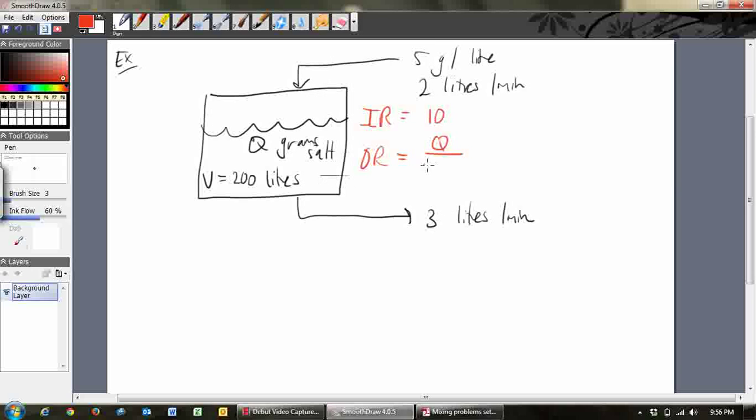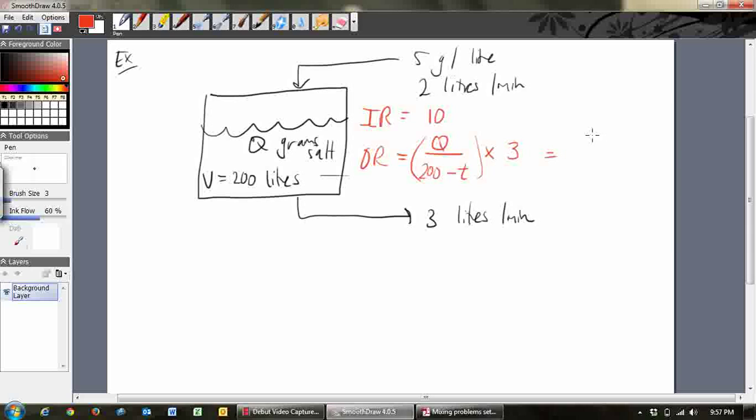So every minute 1 litre is going out. The way we'd write that is 200 minus t. In other words, after 1 minute that'd be 200 minus 1. After 2 minutes that'd be 200 minus 2. The volume is dropping. So at time t, the concentration would be Q over 200 minus t, and that will be multiplied by the rate which is going out, so multiplied by 3.